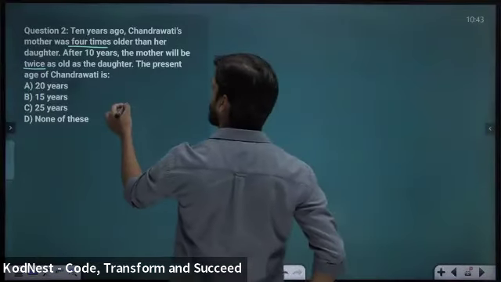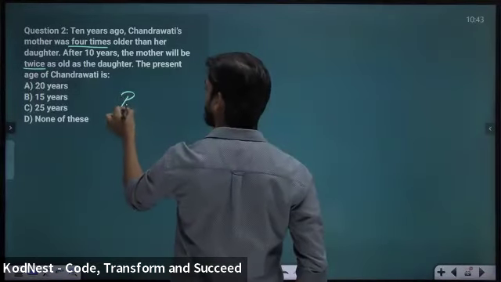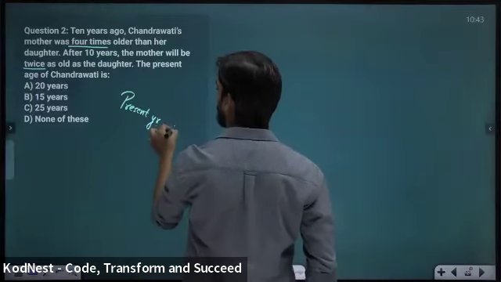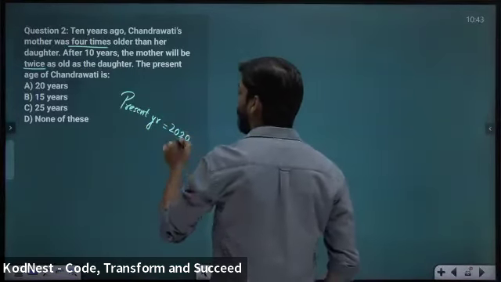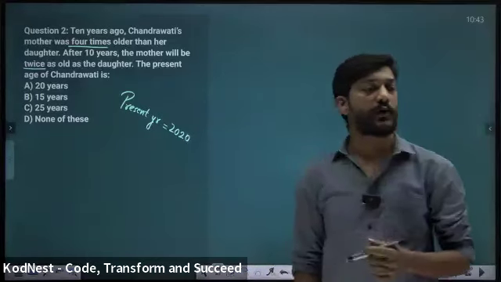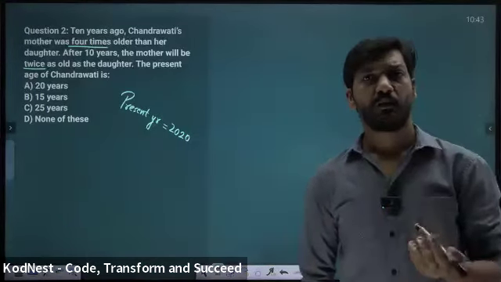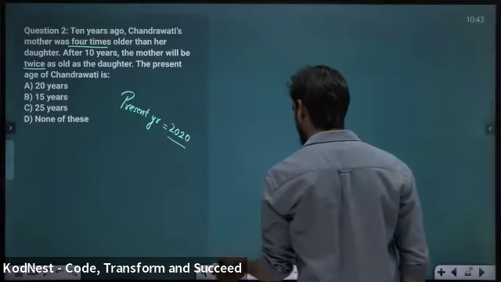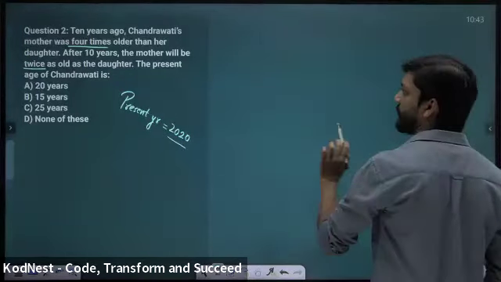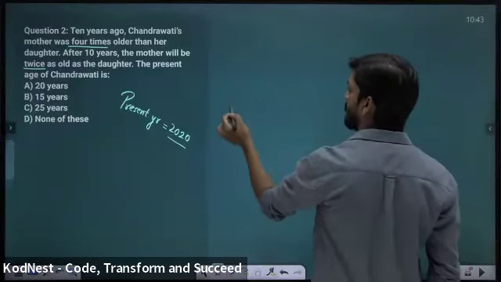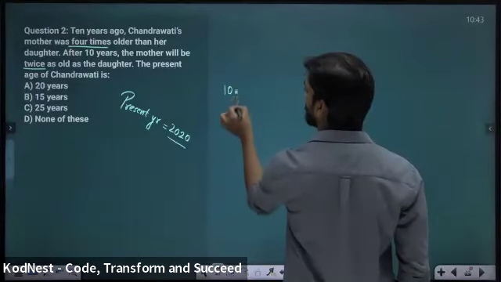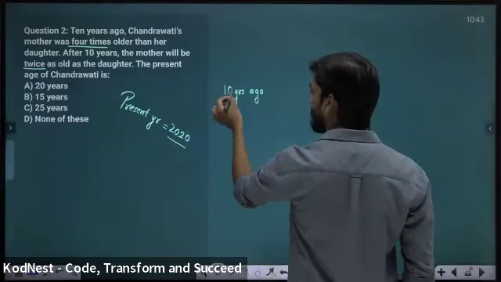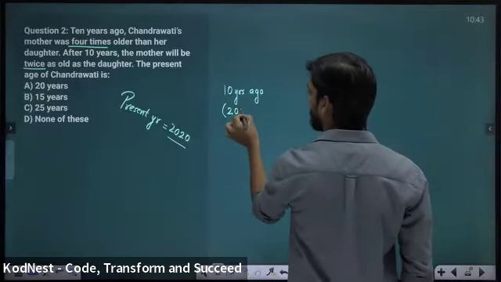So here also, assume the present year as 2020. Now, why we are assuming, although it is 2024, is because our calculation or thinking will be simple. Okay, that's why 2020. All right. The first information is 10 years ago. So 10 years ago means 2020 minus 10, 2010.